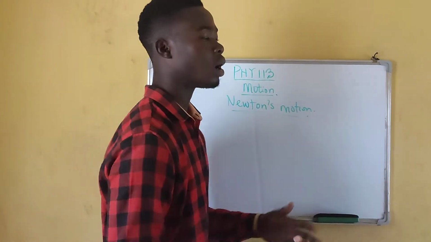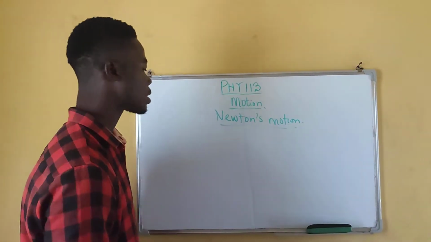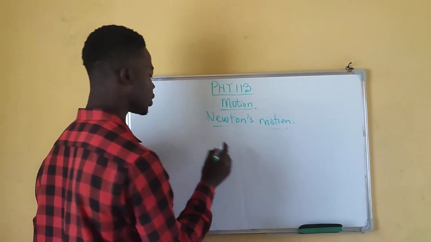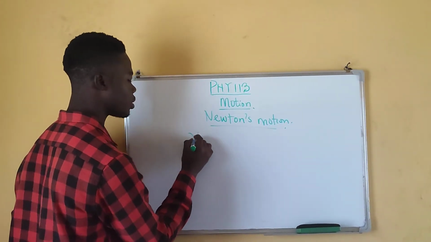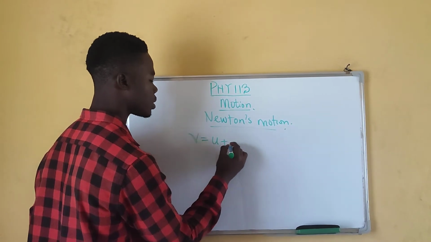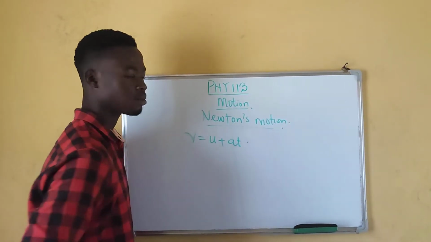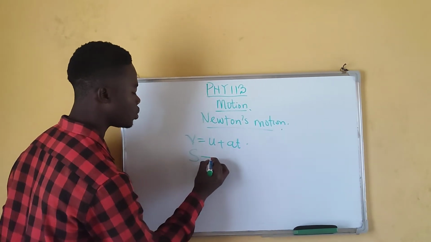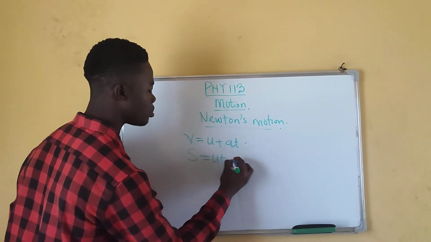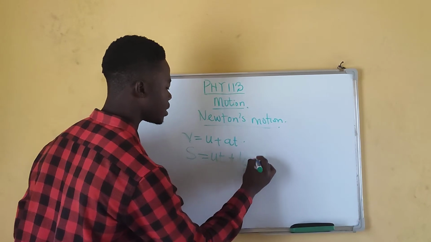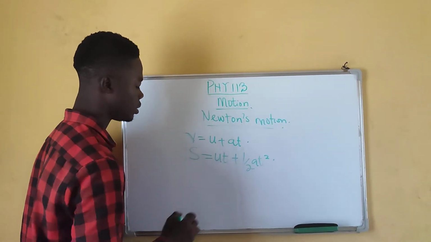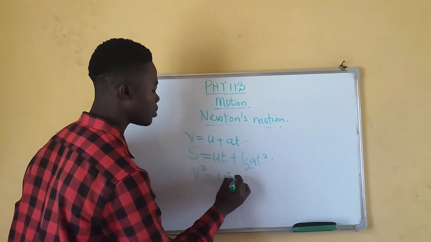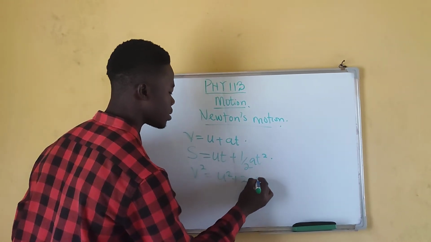So, and we know the first equation of motion, which says V equals U plus AT. The second equation says S equals UT plus half AT squared. The third one, V squared equals U squared plus 2AS.